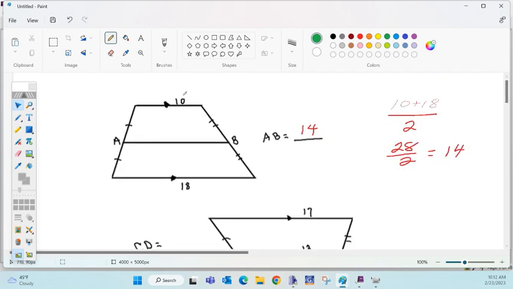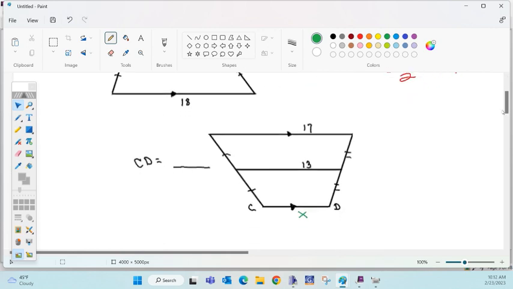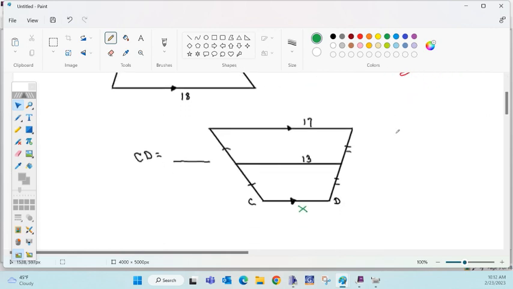Our idea is that if you add the two bases and divide by 2, it gives you the middle one. So let's set that up in terms of the variable. Anybody know what that would look like? Go ahead. 17 plus x divided by 2 equals 13.